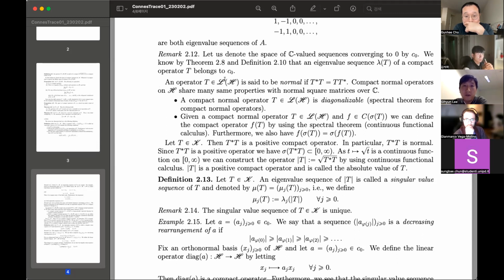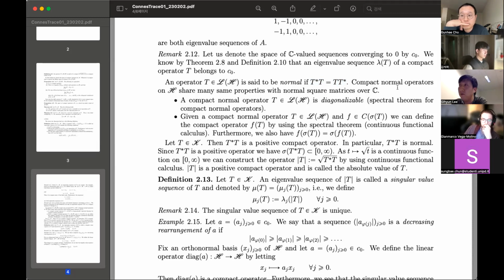As in the case of usual linear algebra, we say that a linear operator is normal if it commutes with its own Hilbert space adjoint, and a compact normal operator shares the nice property of normal square matrices in linear algebra: the compact normal operator is diagonalizable.